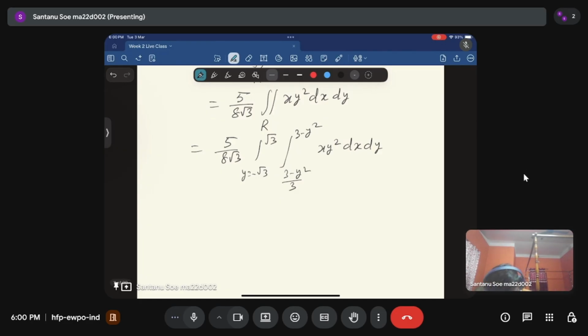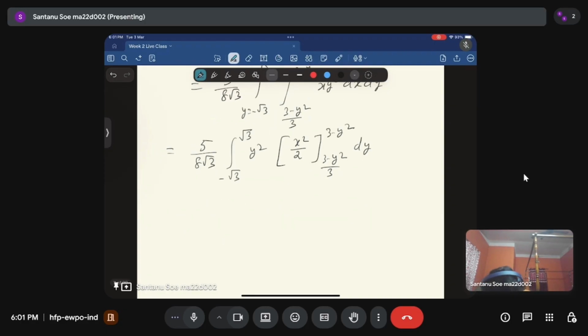So this is going to be 5 divided by 8 root 3, integral from minus root 3 to root 3, and y square will be outside, x square by 2, from (3 minus y square) by 3 to 3 minus y square, and this is going to be dy.